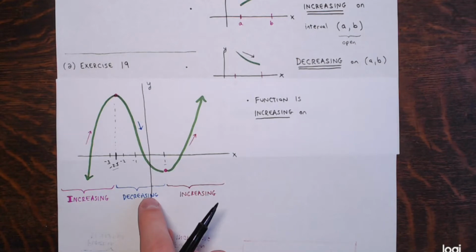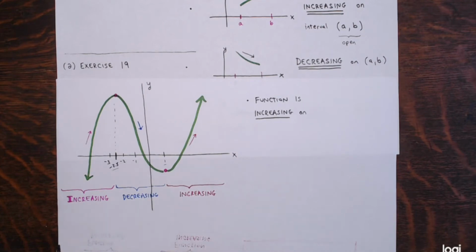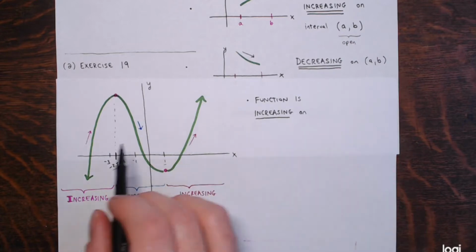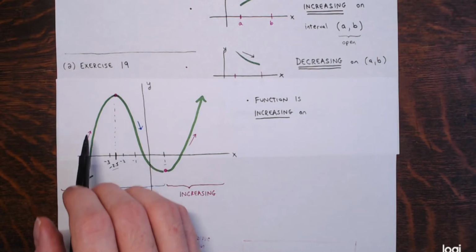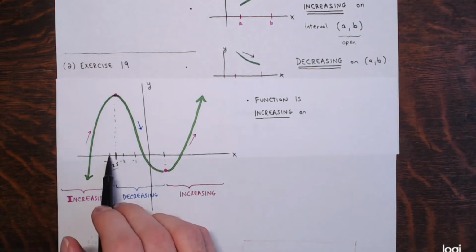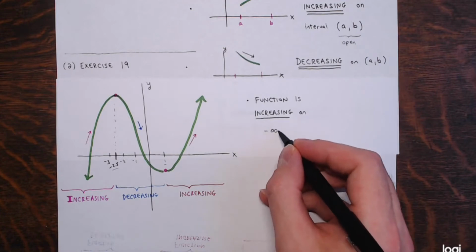You may recall, when writing interval notation, if you have multiple intervals with a gap between them, you represent that gap with the union symbol, the word or symbolized in set notation. So again, going left to right, the first interval where the function is increasing is from -infinity up to -2.5. Again, make these open.